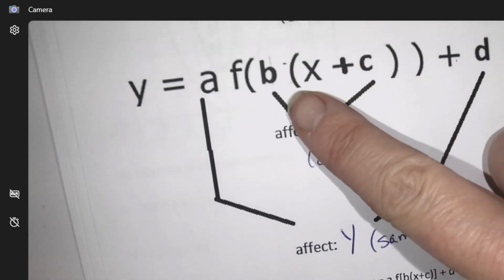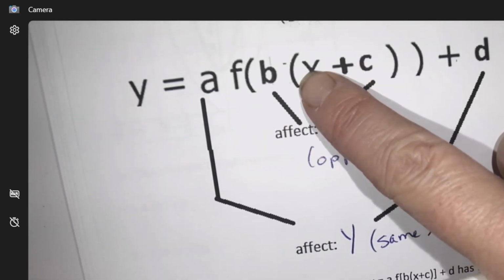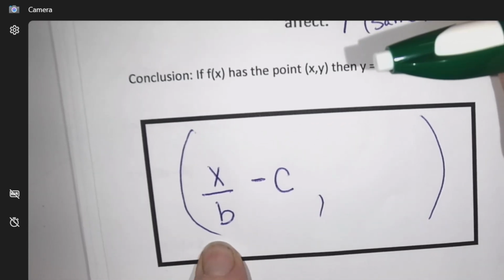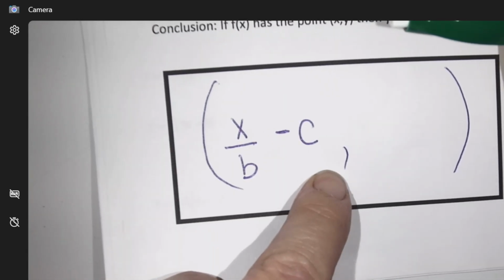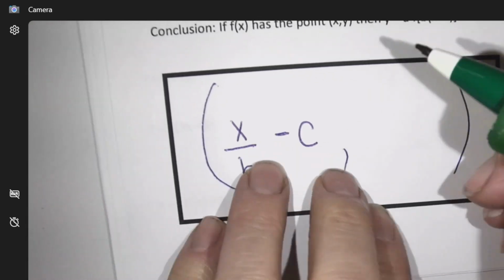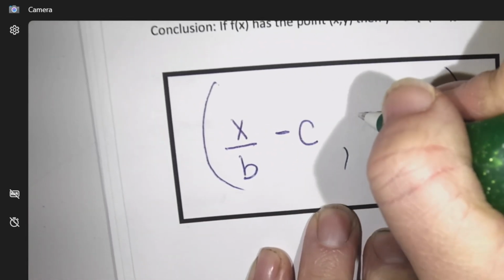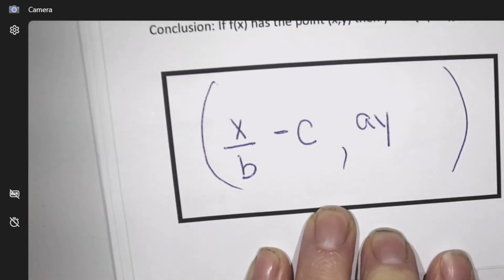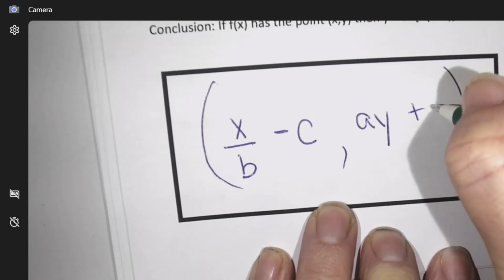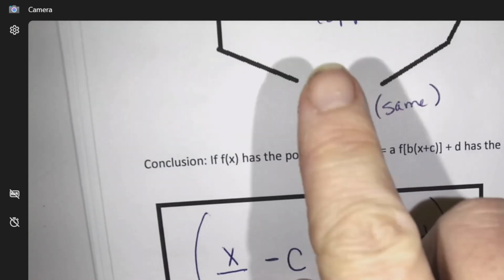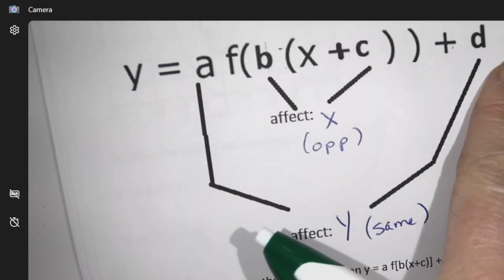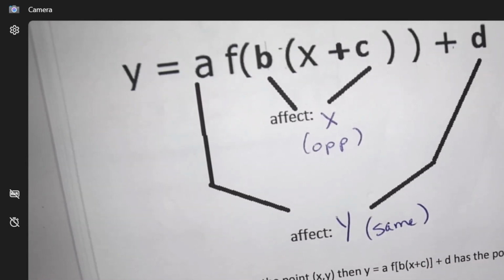You can see that I have a B multiplier, but remember it's supposed to be opposite. So now it's dividing. This is a plus C, so I'm actually doing a minus C. And then what do you do to the Y's? You multiply by A, and you add D. And that's the same thing I see up there. I see the multiplier A and the adder D.